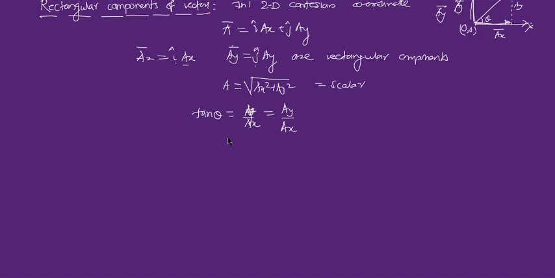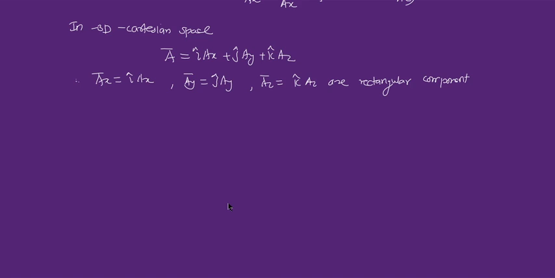We always know that i, j, k are unit vectors and perpendicular to each other, therefore AX bar, AY bar and AZ bar are also perpendicular to each other, and therefore they are the rectangular components.